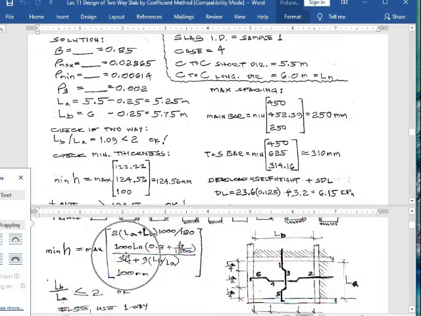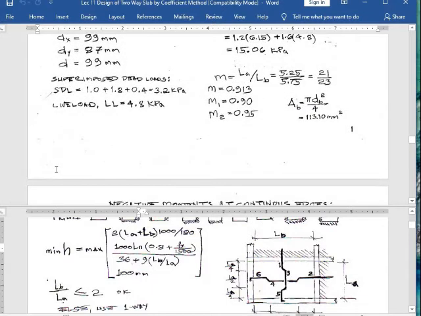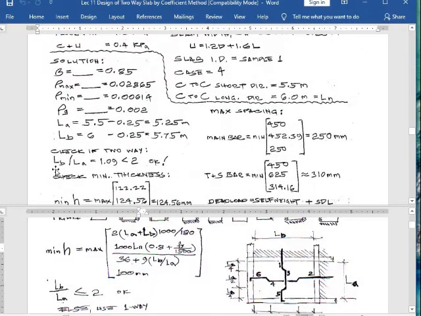Next equation, dito sa minimum H, you have 1,000 times Ln times 0.8 plus Fy over 1,500 divided by 36 plus 9 beta times the quantity LB all over LA. You remember that Ln is equal to the center to center long direction.